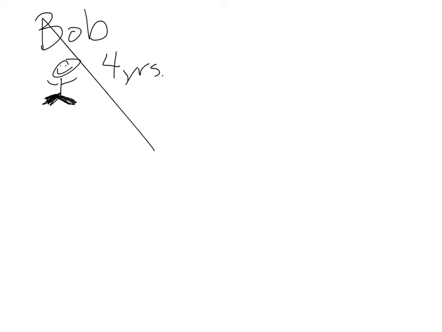So if I say Bob is 4 years old and his dad is 6 times that, so I'm going to put a 6, and I'll say 6 times older than Bob. I got to think, how am I going to write this as a multiplication problem?